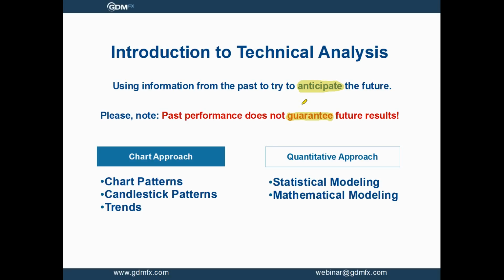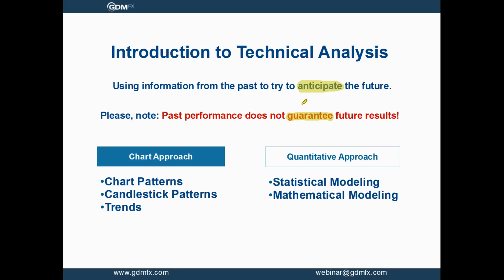Now, there are two ways to approach technical analysis. There is the chartist's approach and the quantitative approach. There is a nice saying on the market which goes like, every chartist is a technical analyst, but not every technical analyst is a chartist. And this is just to illustrate the difference between what is known as a quant and what is known as a chartist.